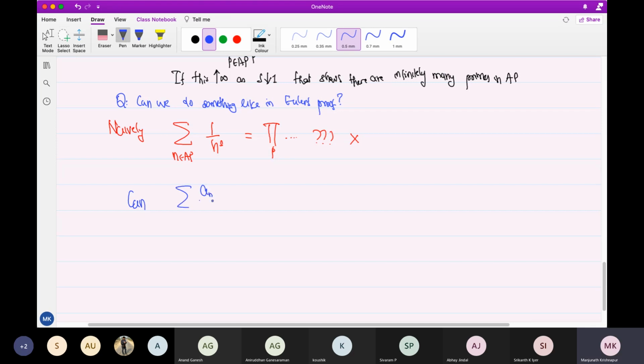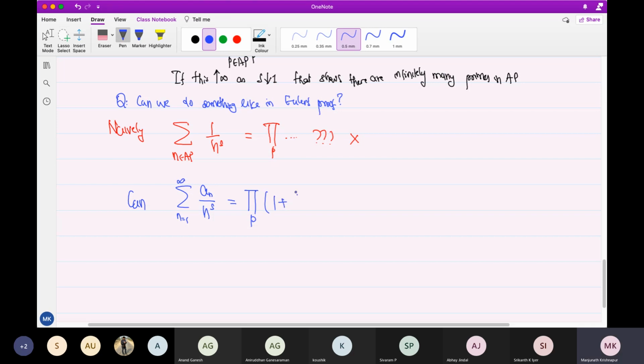If you look at something like the summation of a_n by n to the s, n equals 1 through infinity, what you are trying to do is a_n is 1 if n is in the arithmetic progression and 0 otherwise. That's what we are hoping for. But can we write this in a product form in primes?